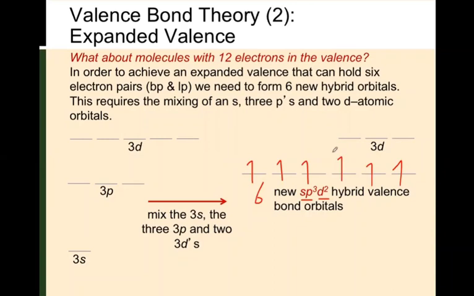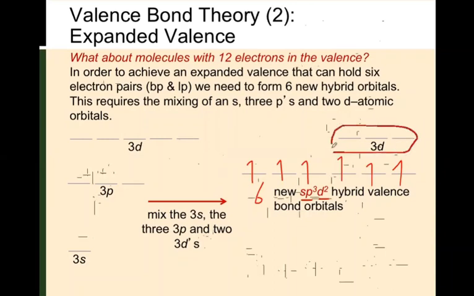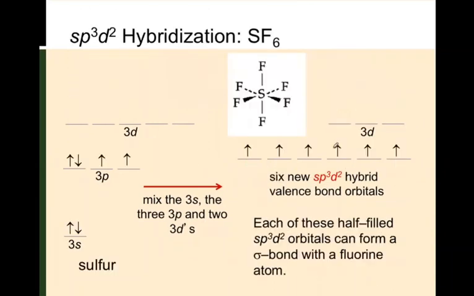And of course, the other d orbitals don't go away; they still exist. So sulfur: we mix the 3s, the 3p, and the 2 3d's in order to get 6 new sp3d2 hybrid valence bond orbitals. So each of these half-filled sp3d2 orbitals can form a sigma bond with a fluorine atom, and that's what ultimately happens.